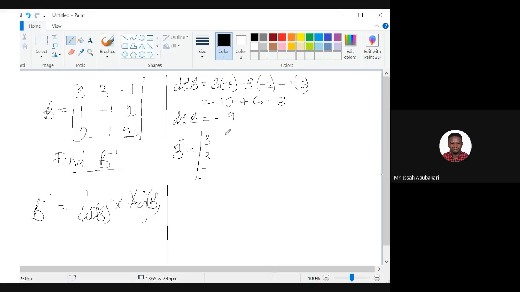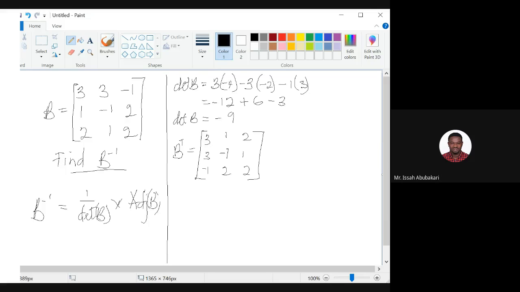The next one is 1, -1, 2, and the last row written as the last column: 2, 1, 2. All right, so this is what we have.